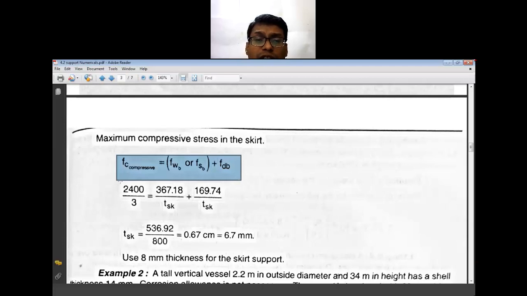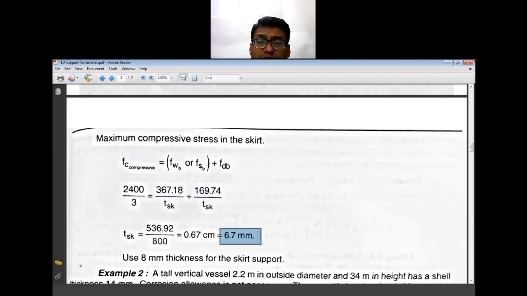So the higher one is 367, because of the seismic load. So we take the stress because of the seismic load minus the stress because of the dead weight, which is 169.74 upon tSk. From here we can calculate the thickness required for this skirt, which comes as 2.06 millimeters.